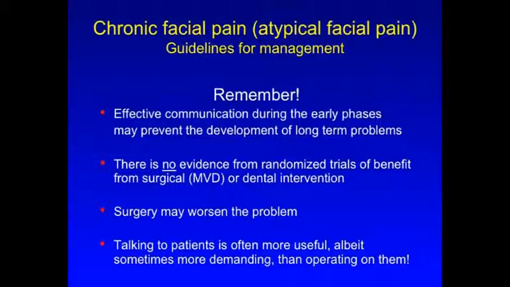And remember, talking to the patient, effective communication may prevent the bad long-term outcomes. And of course, we don't have any evidence at all from randomized trials on surgery or any treatments for these patients. And we know, interestingly, they can actually get worse after surgery. So it's very important to involve psychology and psychiatry early on in these patients.